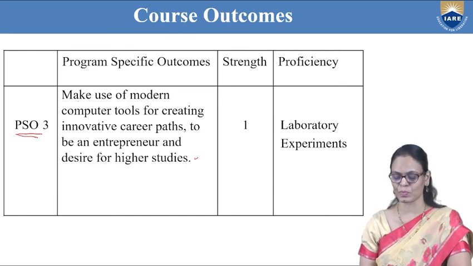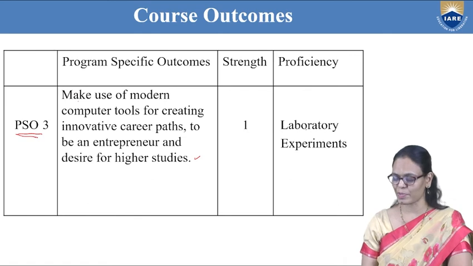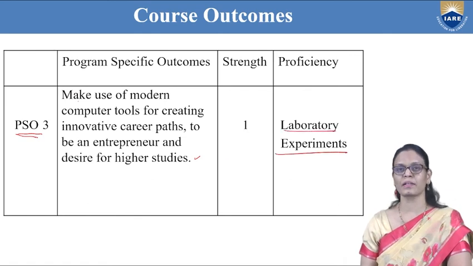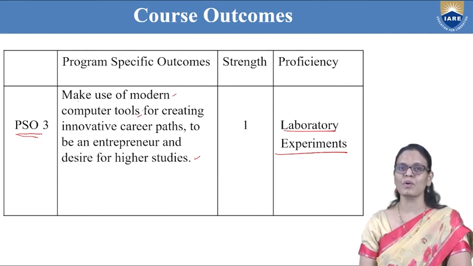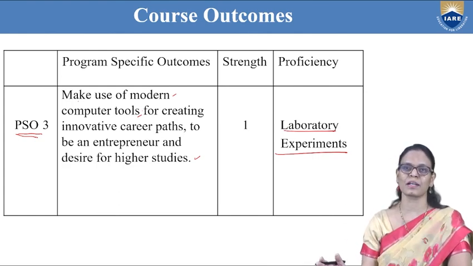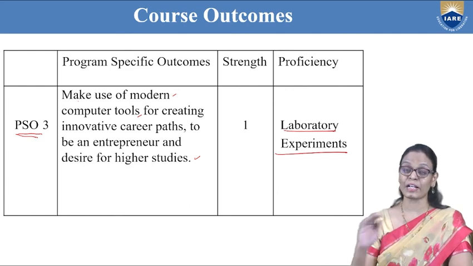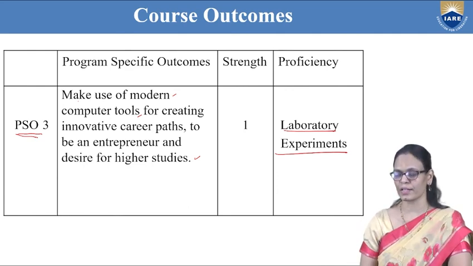This is their PSO. So whatever experiments we are doing in the laboratory under this course will help them to understand the modern tools, and also how they will help them in doing the experiments using different tools, and helps them to have an understanding for their further studies.